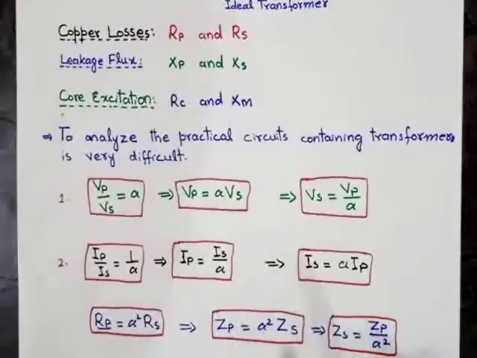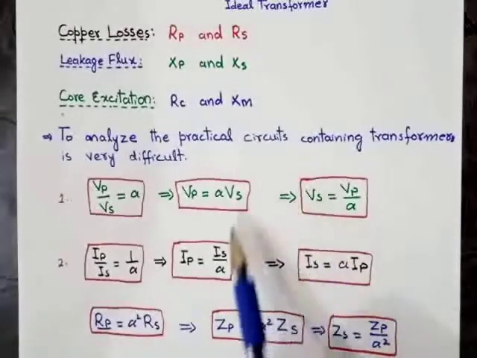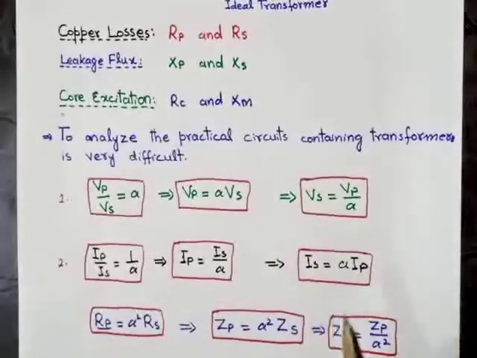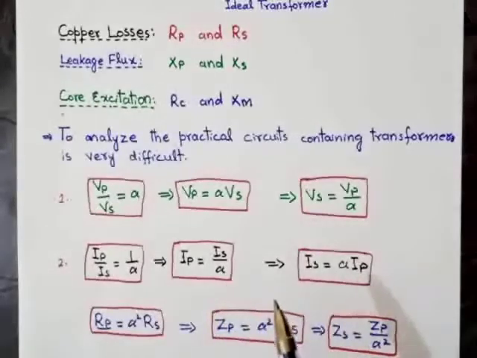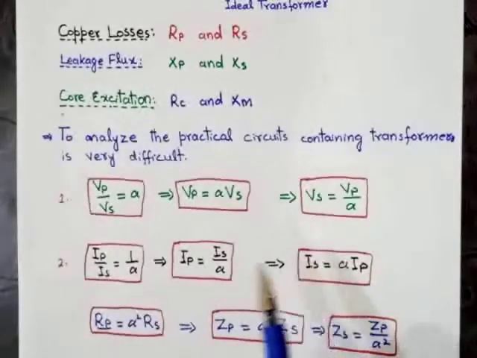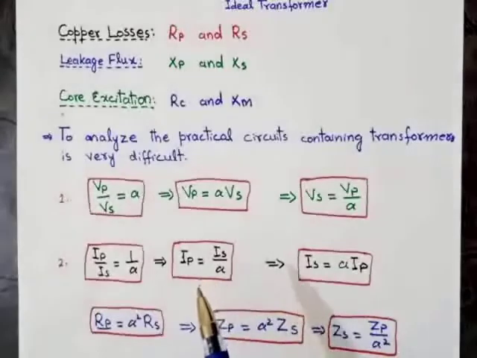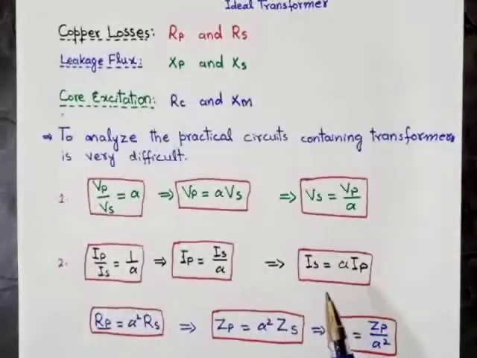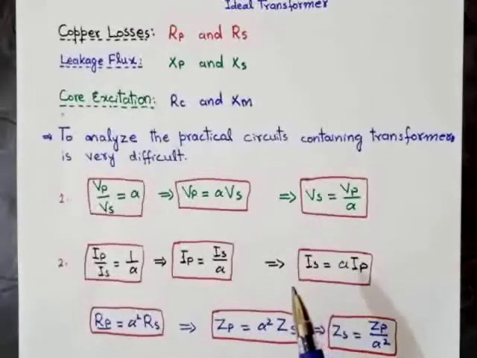Similarly, we can convert the secondary impedance into the primary impedance after multiplication by A square. If we want to convert the primary impedance into the secondary impedance, then we divide by the turn ratio square, that is A square. So by using these formulas, we can convert the transformer equivalent circuit from primary side to secondary side or from secondary side to primary side. So these are very important equations.